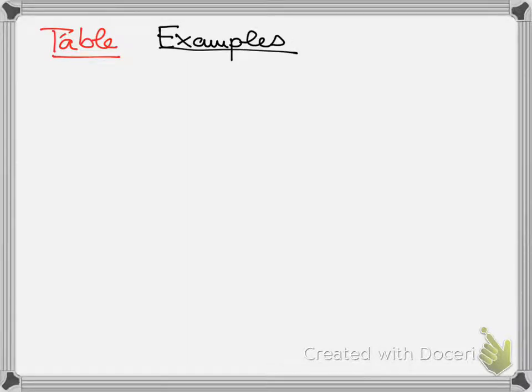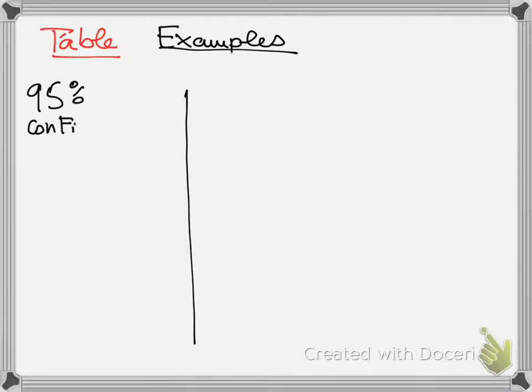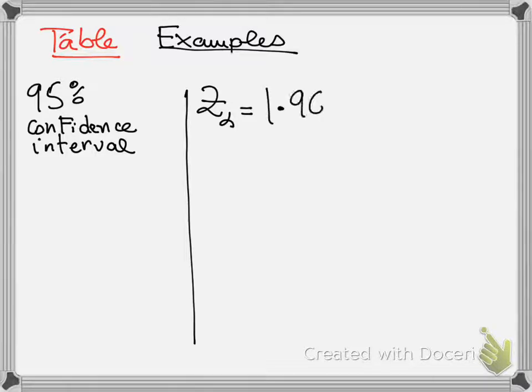So if you say, for example, 95% confidence interval, then z alpha is equal to 1.96.